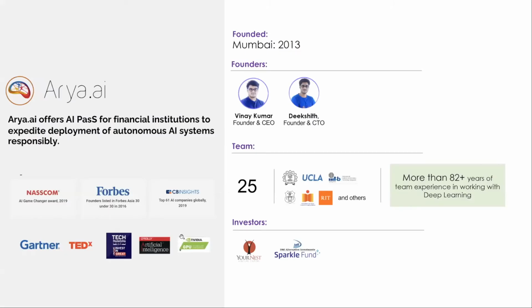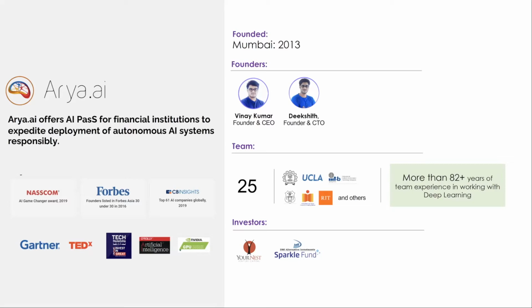So let me start very quickly about Arya.ai. We are an AI PaaS, AI platform as a service for financial institutions to help them deploy fully autonomous AI systems using deep learning. Deep learning is very core to us, and we have been building products around deep learning in financial institutions for the past 7 years now.